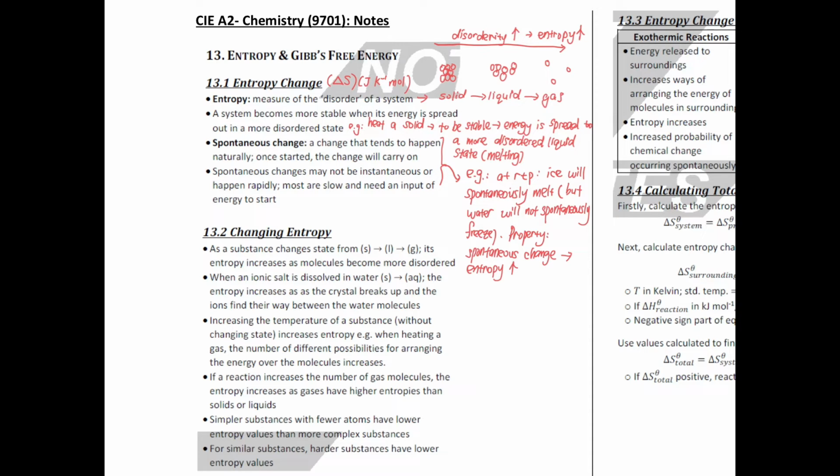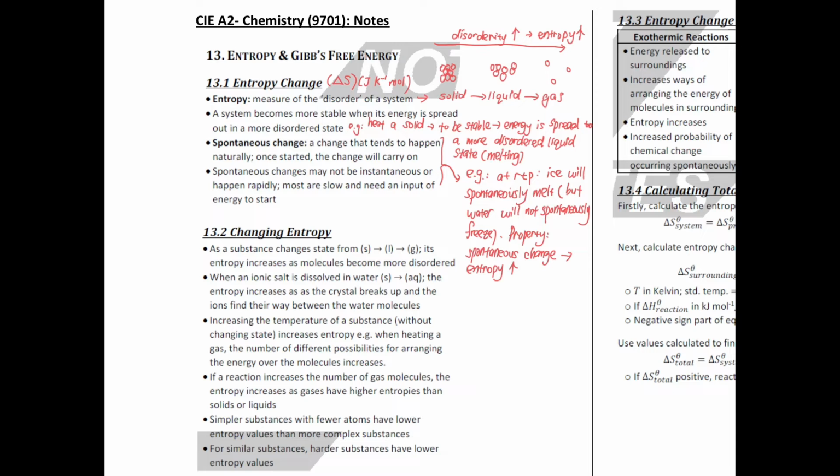Now we put in one more idea: if the process is a spontaneous process, then entropy will increase. So we know two sets of ideas. The first set is disorder increases, entropy increases. The second set is spontaneous change, entropy increases.